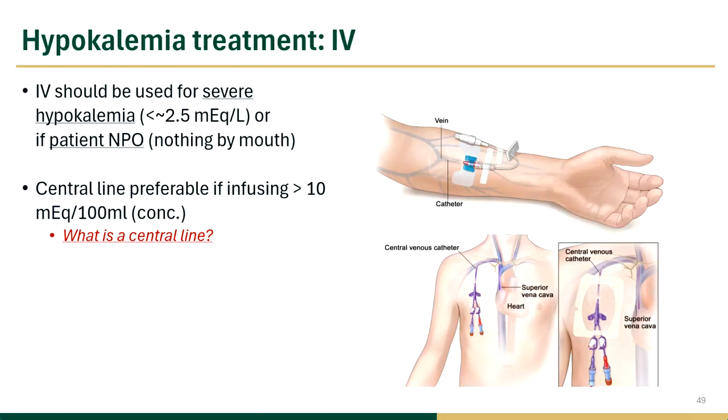The difference is the size of the blood vessel the catheter goes into, because if it's smaller and it causes irritation or phlebitis, it can actually blow the vein, and it can cause a lot of pain for the patient. A central line is preferable if infusing a higher concentration of potassium, because that's more potassium per unit volume, and that causes more irritation to the veins. If you're infusing a higher concentration than 10 per 100, then you would prefer a central line.